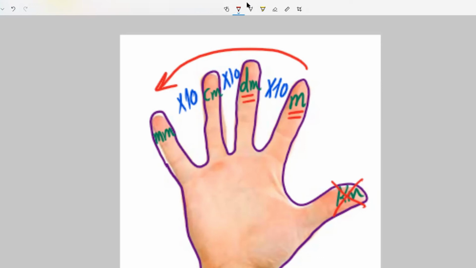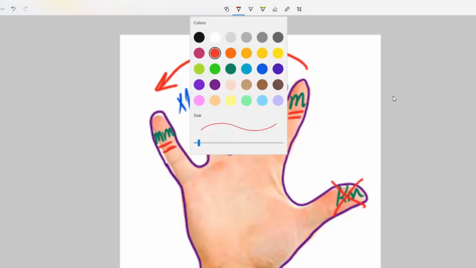What about from decimeter to centimeter? You have to keep in your mind the name of each finger. Multiply by 10. And from centimeter to millimeter? 10 also. I need someone smart here to answer me.